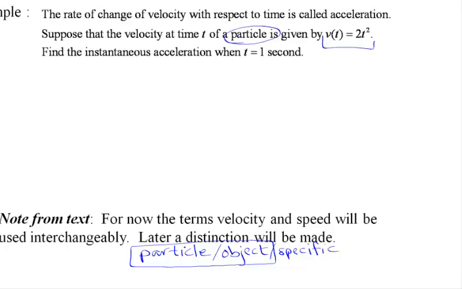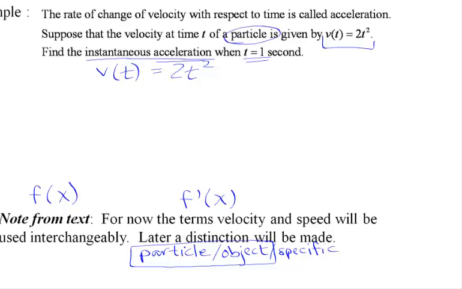Suppose that the velocity at time t of a particle is given by v of t equals 2t squared. Find the instantaneous acceleration at one single point, one single input value. I want to equate some things. We're going to start moving along with our knowledge of notation here. Given the function f of x, we call the derivative function f prime of x.